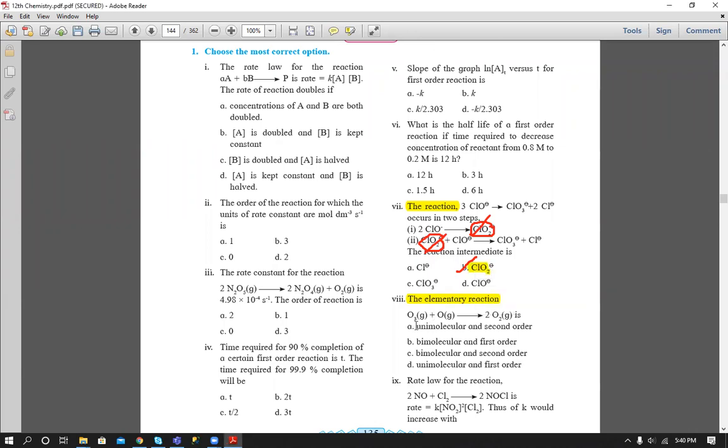For the elementary reaction, is it bimolecular or unimolecular? The number of reactant molecules is 2, so it is bimolecular. Whether it is first order or second order, we have to check in an example. We will see this in the next lecture. Mostly it must be first order because the topic we have to study in this chapter is related to first order. We will clear this in the next lecture.